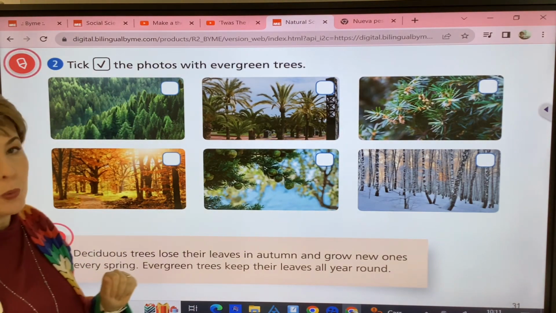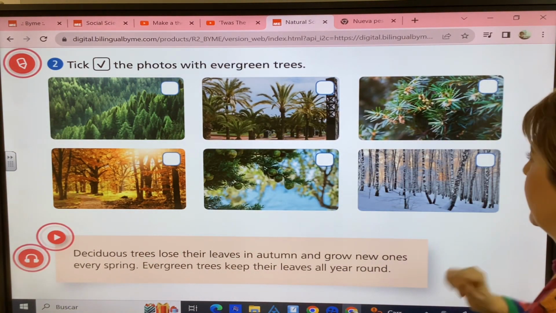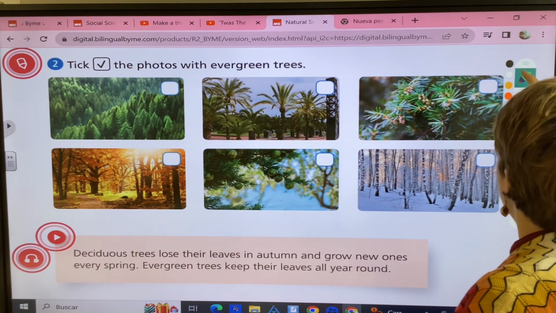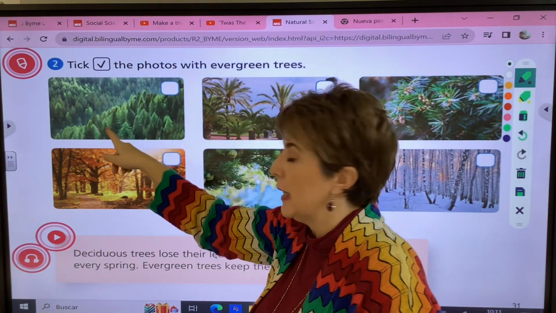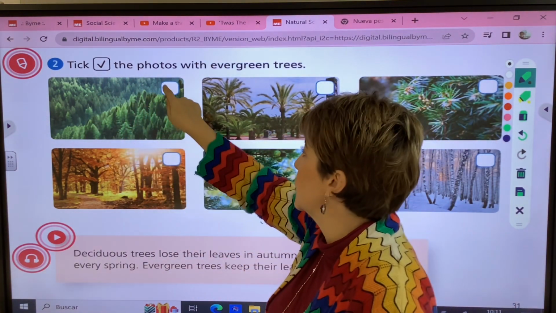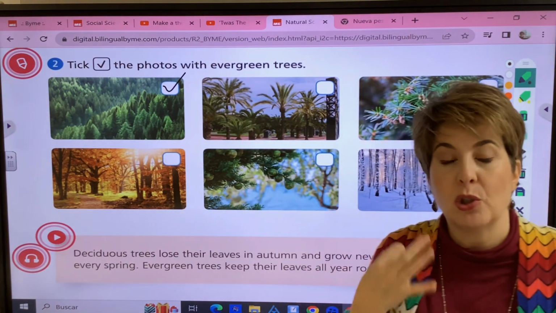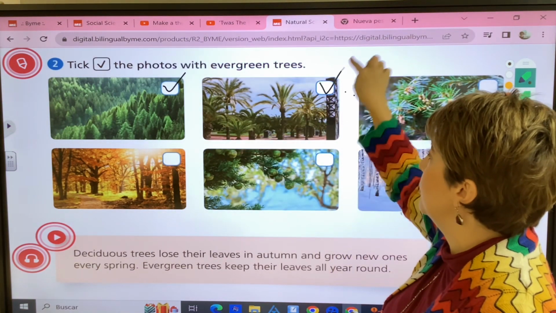Take the photos with evergreen trees. So we only have to take the evergreen and we have to see. If you look at the photos we have, these trees are evergreen because they are pine trees. Palm trees are also evergreen, okay?